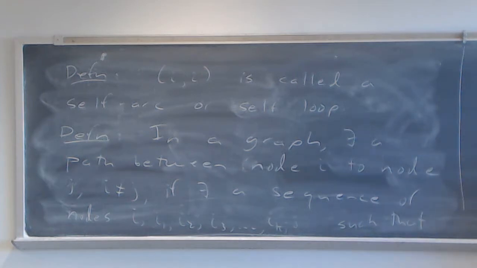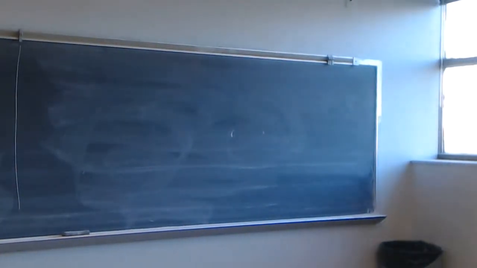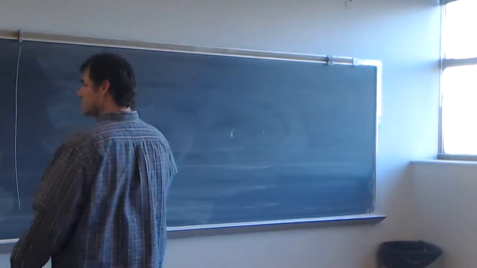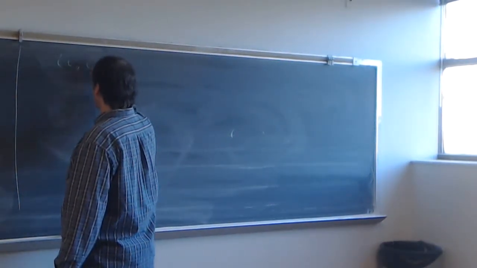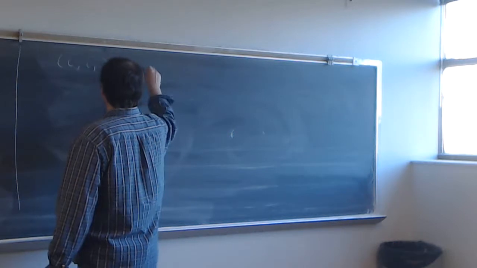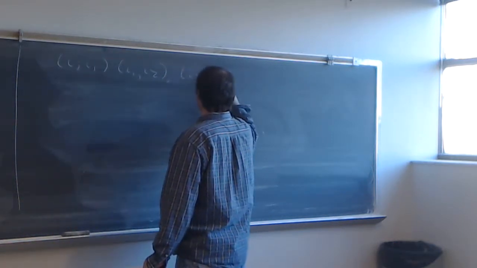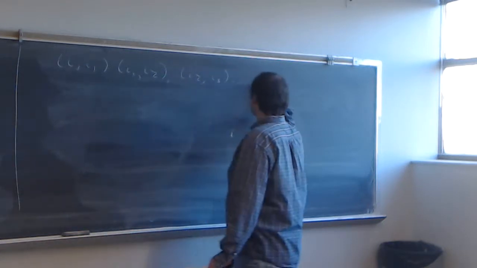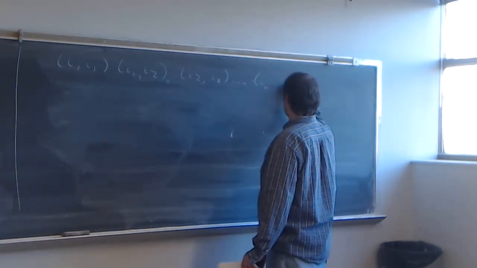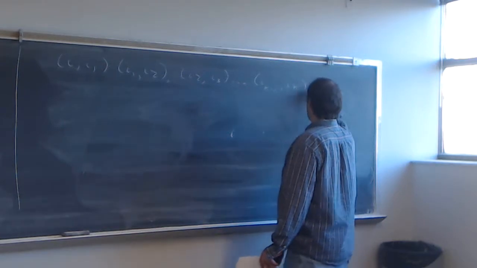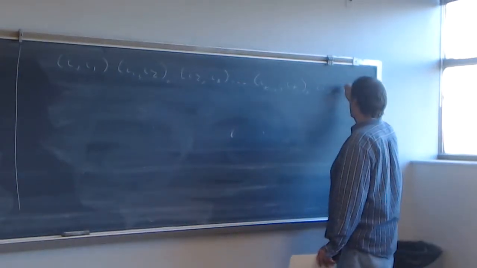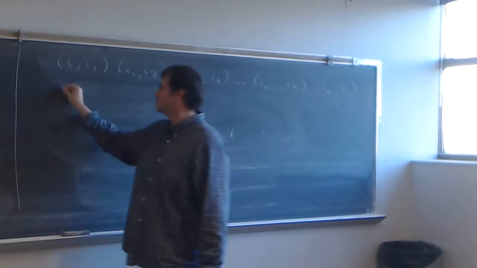Here's what I mean by that. So that's I to I1, I1 to I2, I2 to I3, all the way up to I sub k minus 1 to I sub k, and then finally I sub k to j are all arcs.